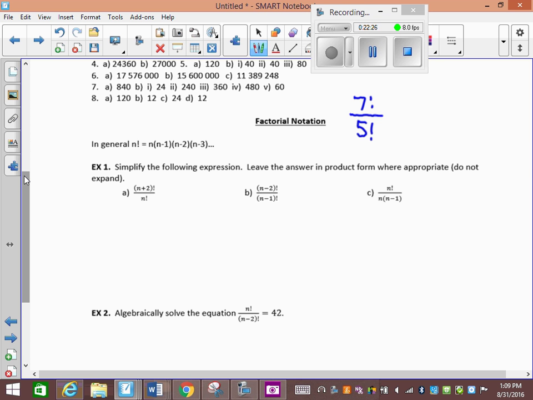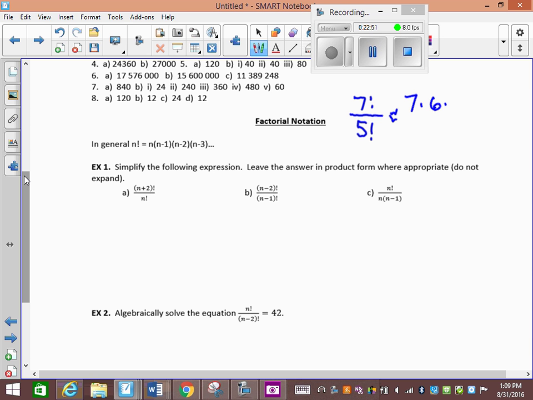So for this example, it would be 7 times 6, 5. And instead of writing 5 times 4 times 3 times 2 times 1, what could I write? 5 factorial, could I not?